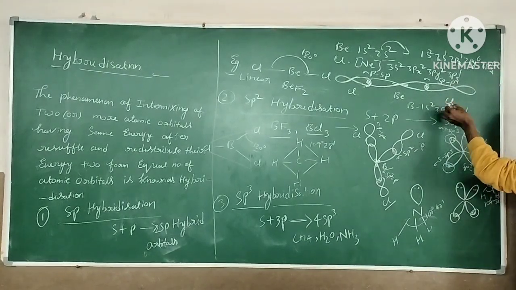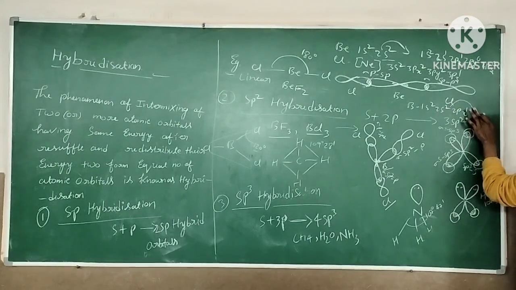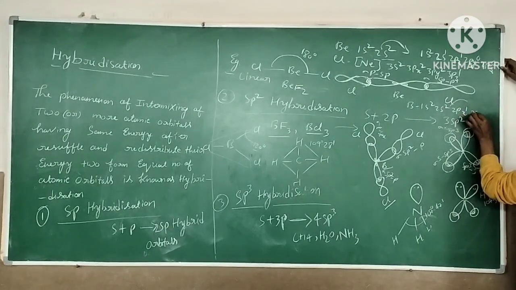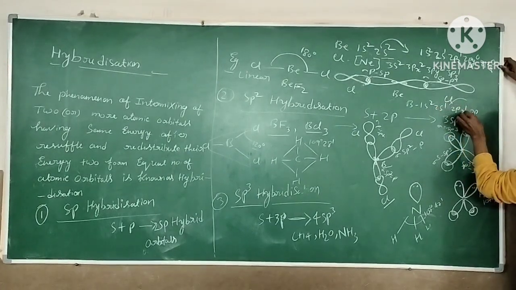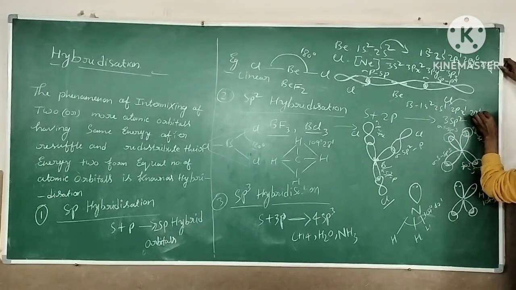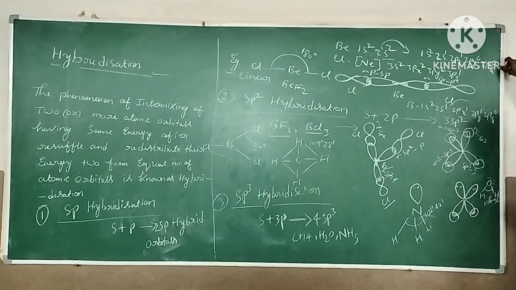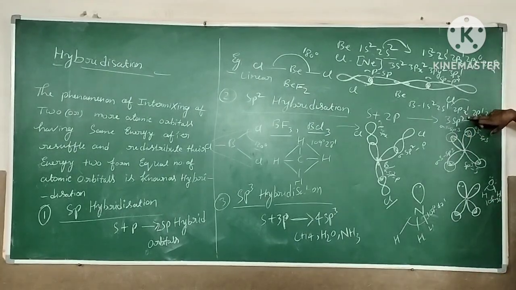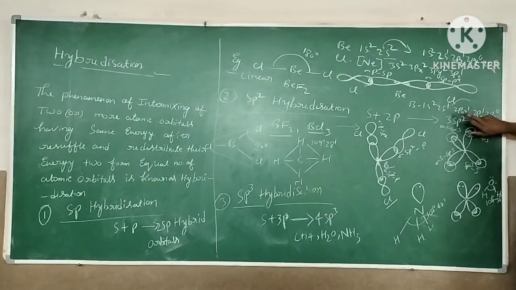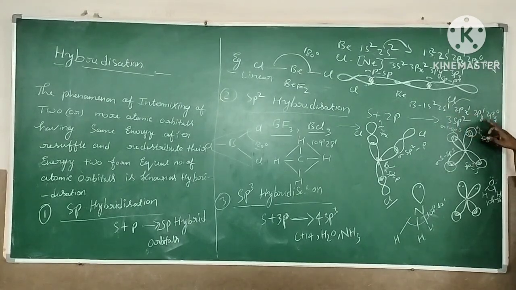After promotion of an electron from 2s, the electron configuration changes to 2s1 2px1 2py1 2pz0. After three electrons become available in boron, we have the 2s1, 2px1 and 2py1 electrons.